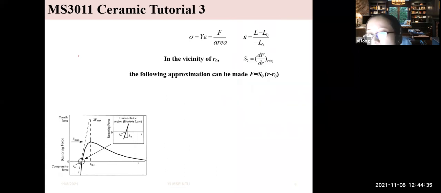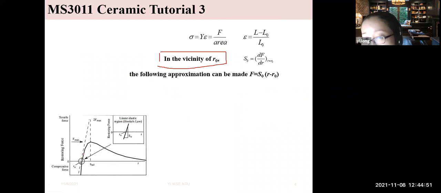Remember all the conditions every time you do any derivation. We put it in the vicinity because it's at the very beginning, so it's a linear relationship, just a straight line.